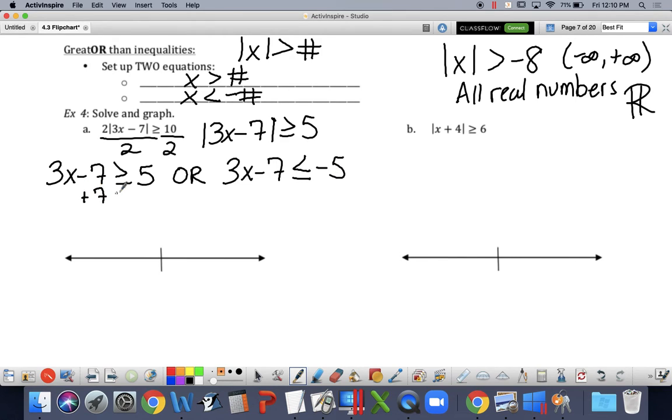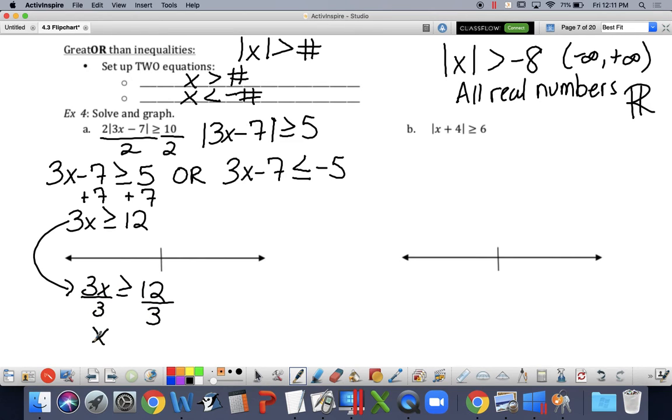So I'm going to add 7. I get 3x is greater than or equal to 12. Divide by 3. X is greater than or equal to 4. Over here, I do the same thing. Add 7. I get 3x is less than or equal to 2.